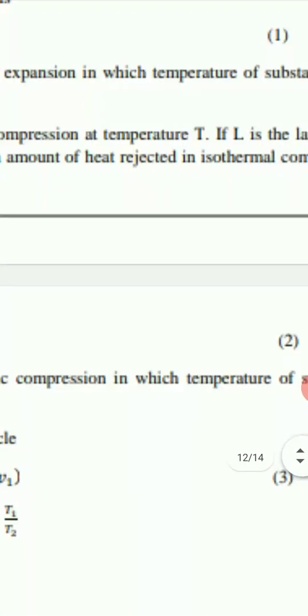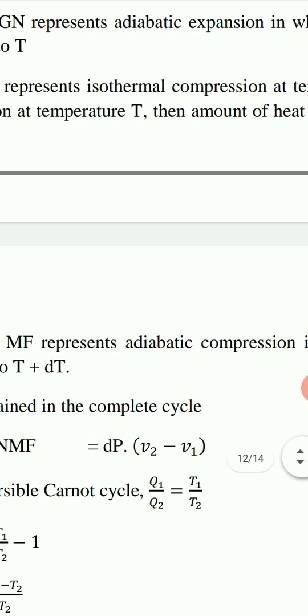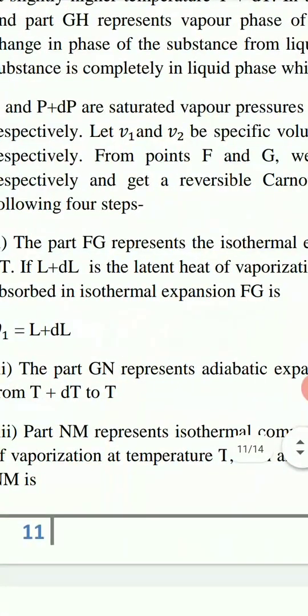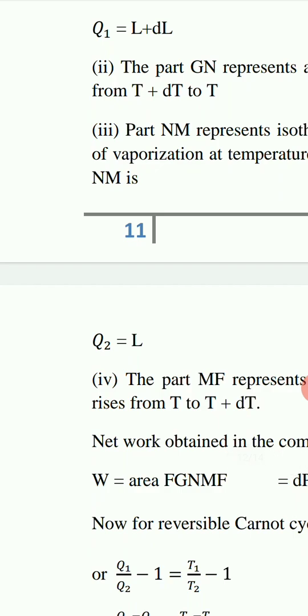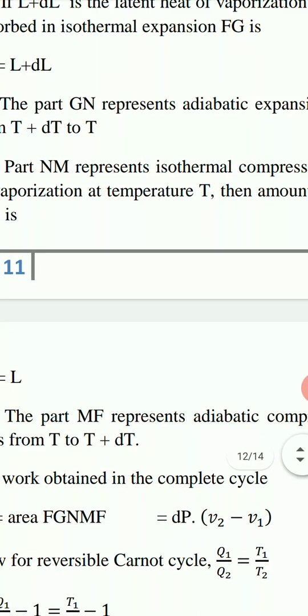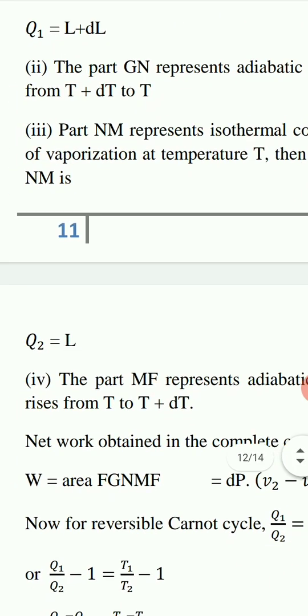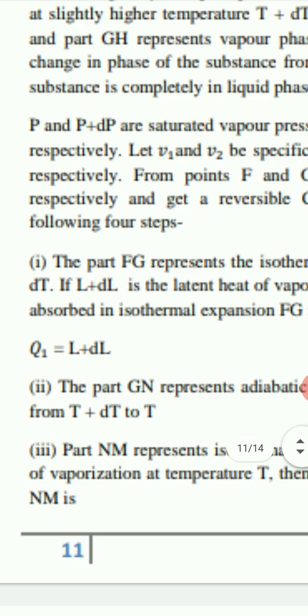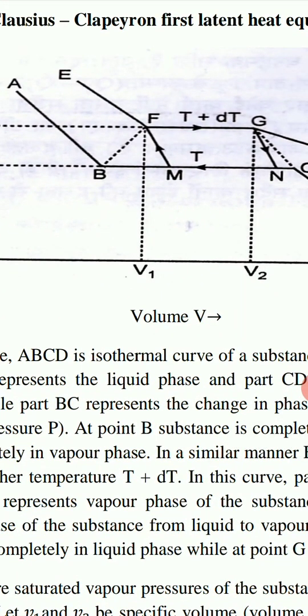The amount of heat rejected in isothermal compression, we write it as Q2, and Q2 is equal to L. It is also the latent heat, latent heat of vaporization at temperature T, we write it as L. So Q2 is heat rejected by the substance in this third process, and it is equal to L. In the fourth process MF, there is no exchange of heat because it is also adiabatic process.